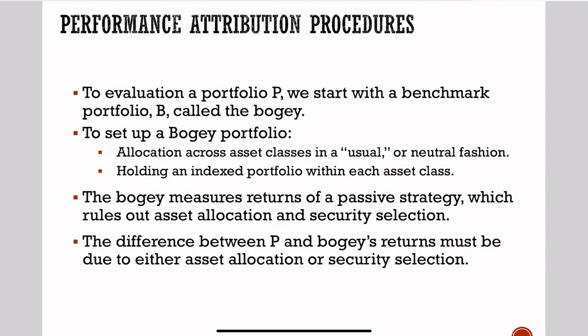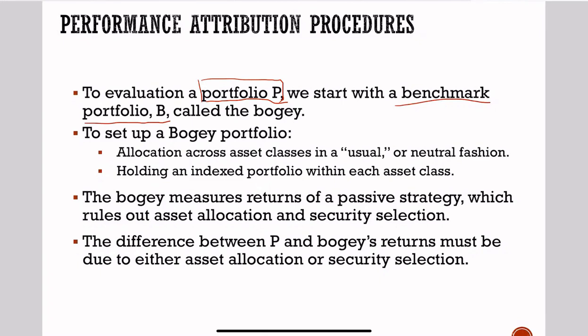So here, the basic methodology works like this. Let's say we want to evaluate a portfolio P. So we want to evaluate P's performance. Then we want to compare P's performance with a benchmark portfolio B. So it's really about comparison in returns.